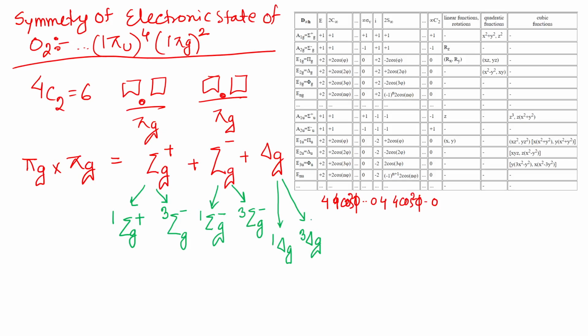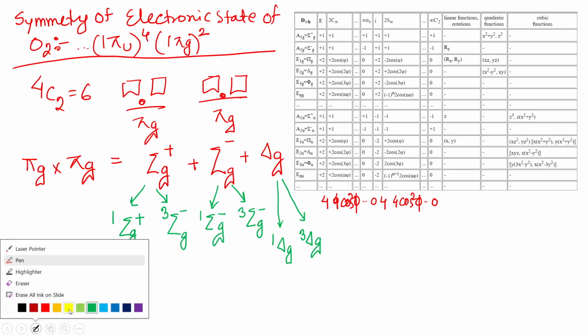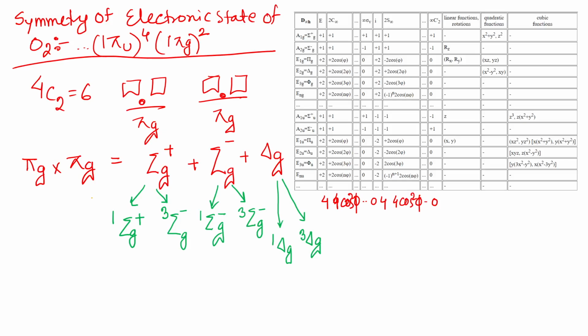If that was the case, then what is the total number of electronic states we are getting for all of this? Can you sum them up? Singlet means only one state. Triplet means three electronic states are there, because there are three spin states, right?